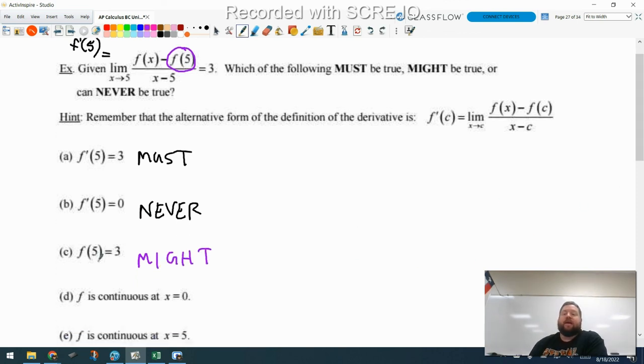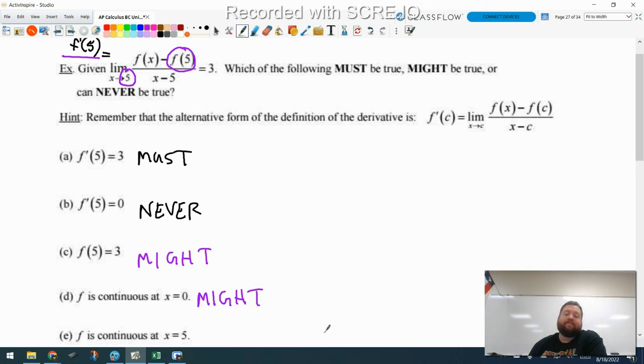f is continuous at x equals 0. Okay, so they didn't tell us anything about the function f other than what the derivative at 5 is equal to. So we know about f prime of 5, and that's it. We do not know anything about x equals 0. So could f be continuous at x equals 0? Yep, could be. We don't know.